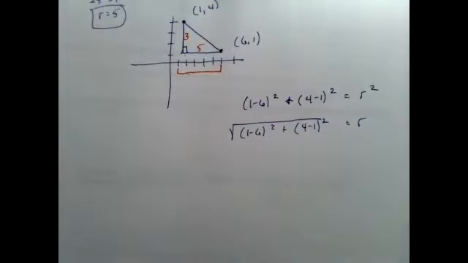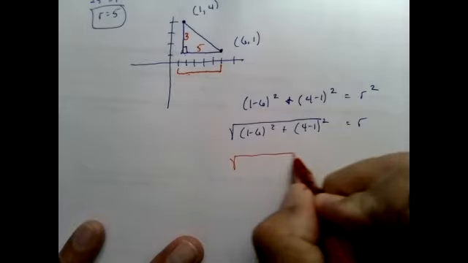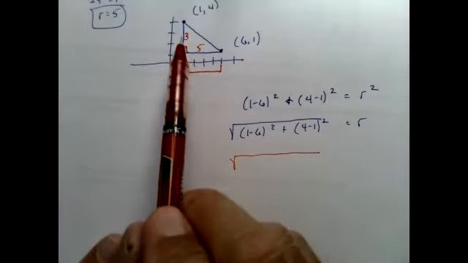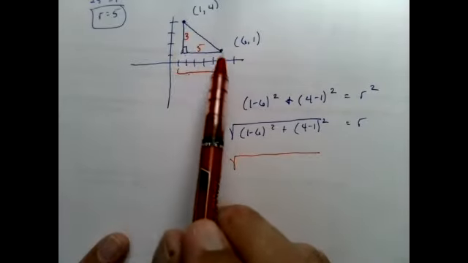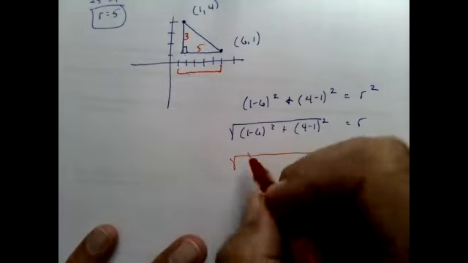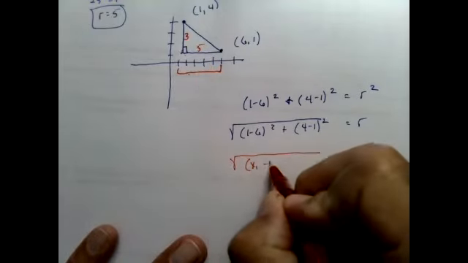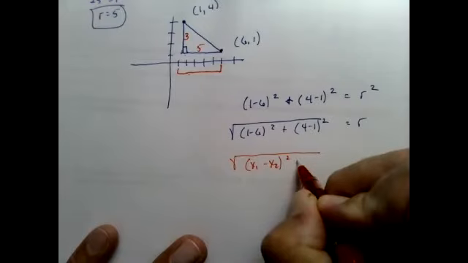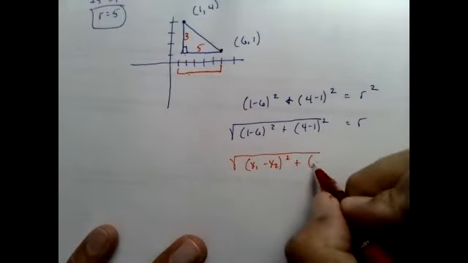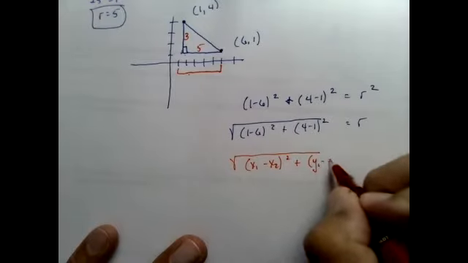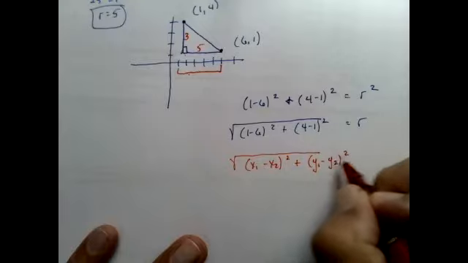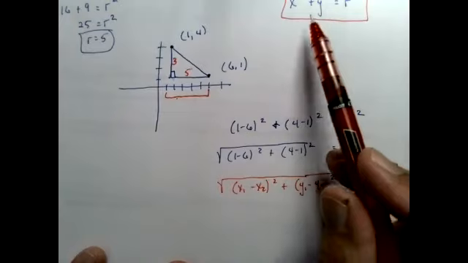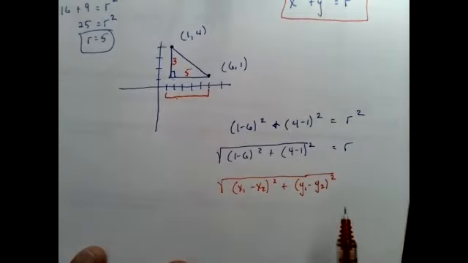And all of a sudden, this is the first important thing we're doing today, and that is the square root of the difference in x's, x1 minus x2, squared, plus the difference in the y's, y1 minus y2, squared. Remember, I'm squaring them because when I did the Pythagorean theorem up top, it was x squared plus y squared equals r squared.